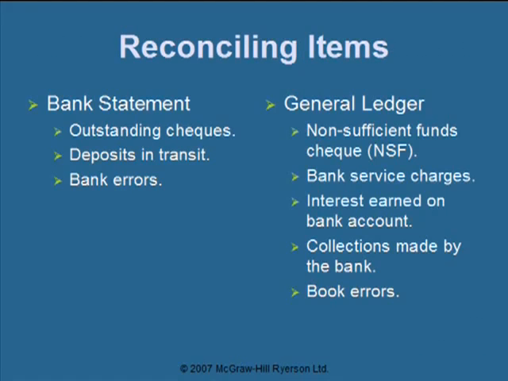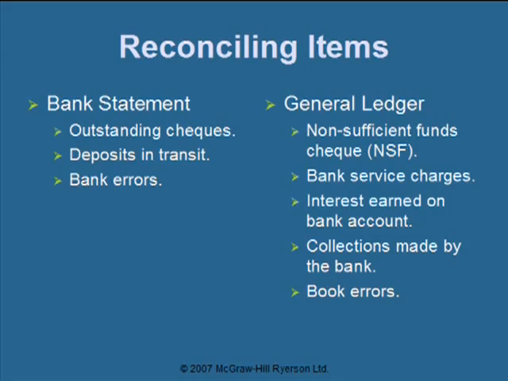This slide shows us some of the differences that you may find through the bank reconciliation process. So on the bank statement, we may have checks that haven't gone through the bank account yet. Remember, those are called outstanding checks. We could have deposits in transit. We can call those outstanding deposits, remember. So outstanding deposits are deposits that were probably deposited too late to get on the bank statement.